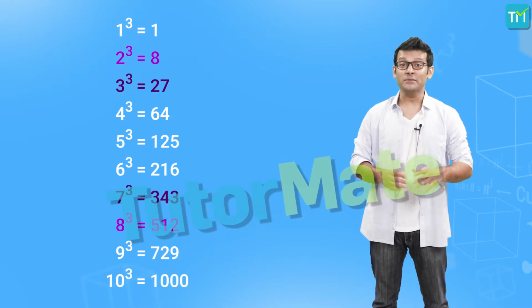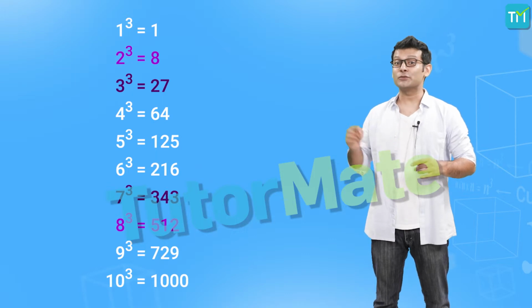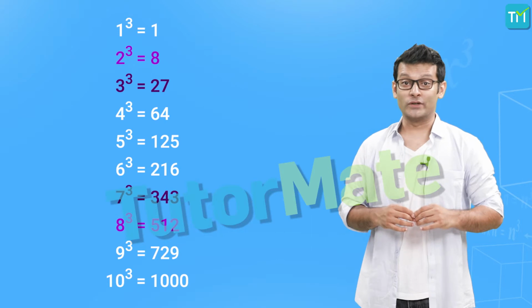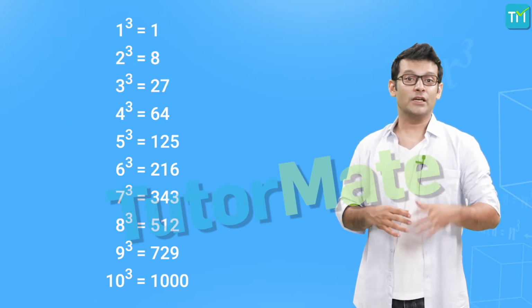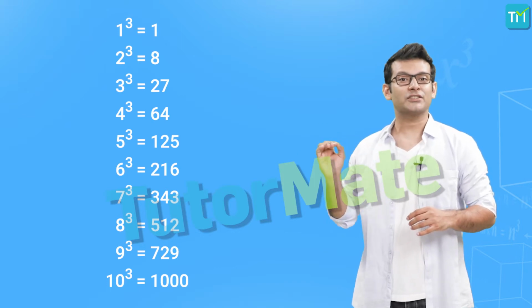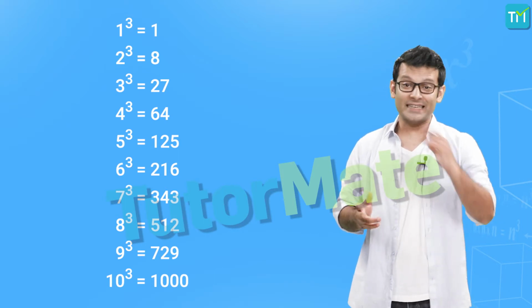And at the same time, the cube of 3 ends in 7, while the cube of 7 ends in 3. Check it out. And so, whenever we are given that a certain number is a perfect cube, we can simply look at its last digit and find out what will be the last digit of the number whose cube it is, right? Let's do a quick recap.